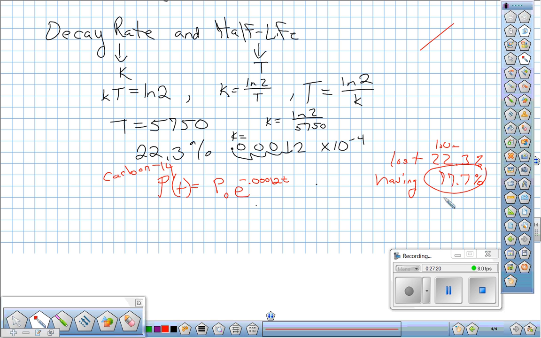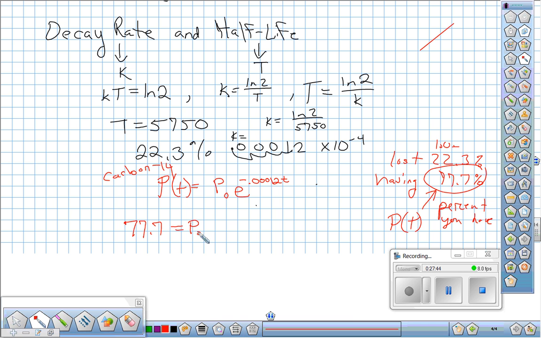And this is my P of T. The percent that you have is your P of T. Some of these are a little bit strange, but we'll work through them. So I'm going to go ahead and write 77.7% equals P sub T.